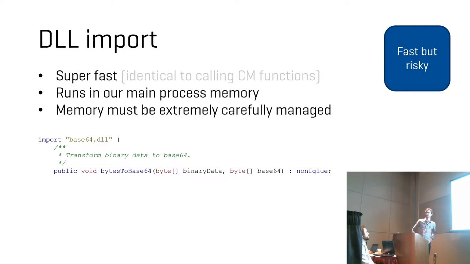Of course, the risk about running this in the same memory as CET Designer is that you need to be very careful with your memory management, because if you leak in your DLL, it will leak the CET Designer memory, and we expect CET Designer to be run for many hours, perhaps on some clients, so it needs to be tight.